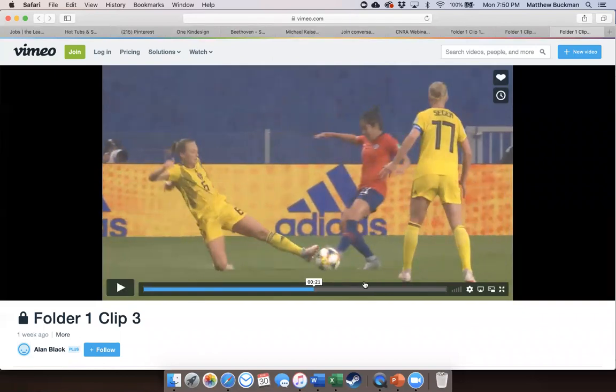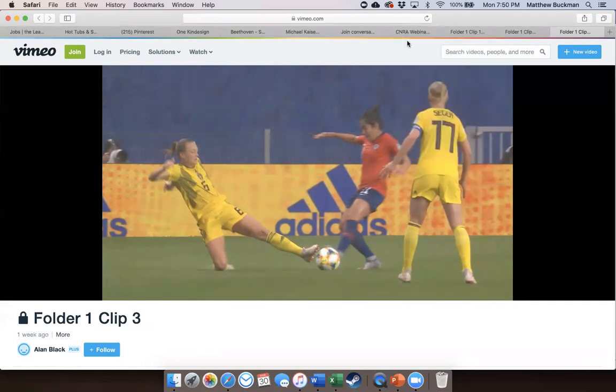There's nothing wrong with this red player trying to do this. She has every right to put her body into this position. So what we have to ask ourselves then is, if this red player ends up with the opponent's studs into her leg, and she had every right to be there to try to win this ball, is this person, number 6 in yellow, at all guilty for causing those studs going into the leg?